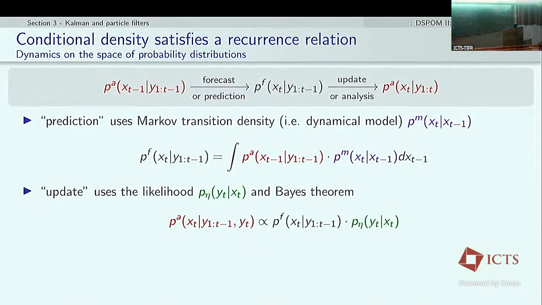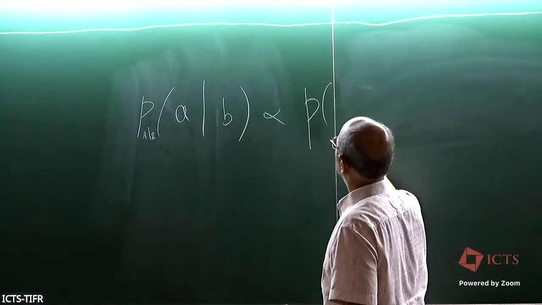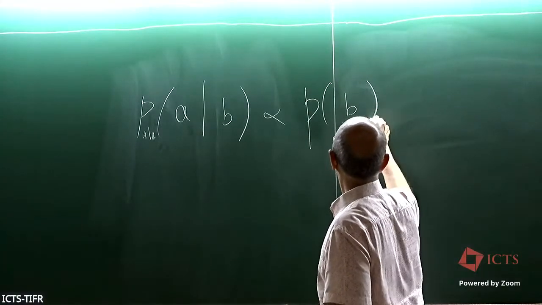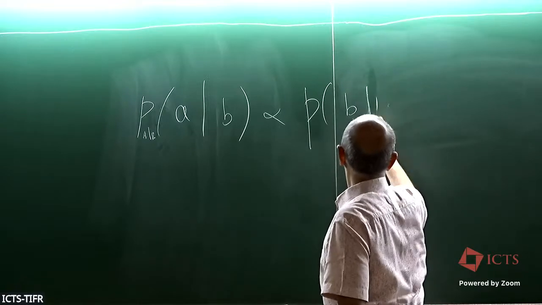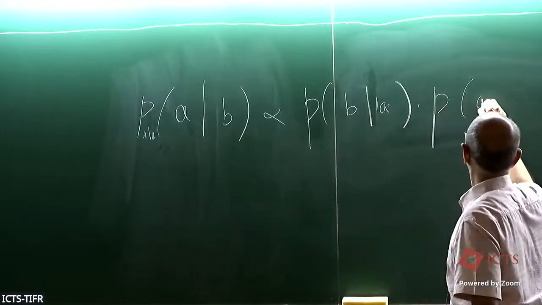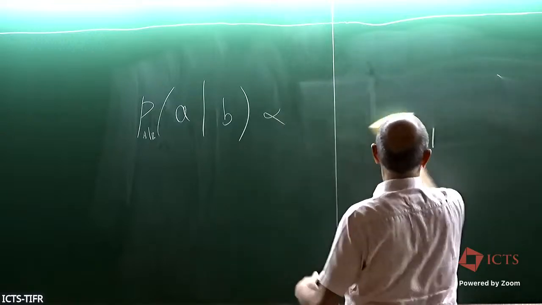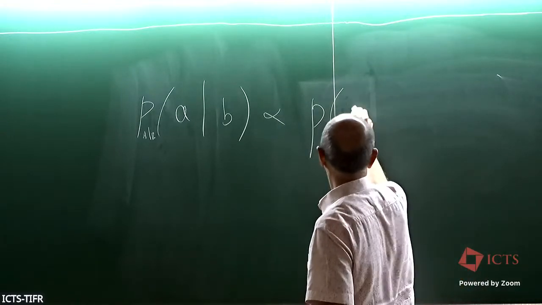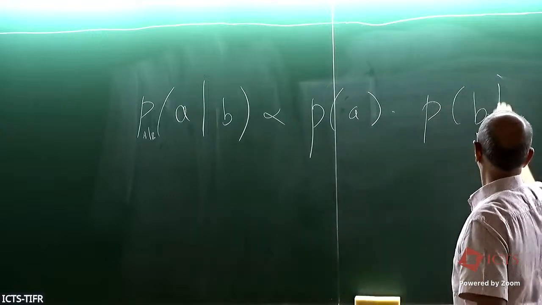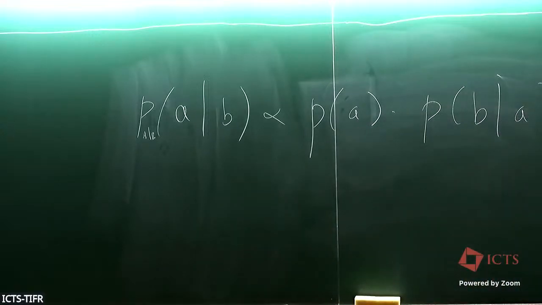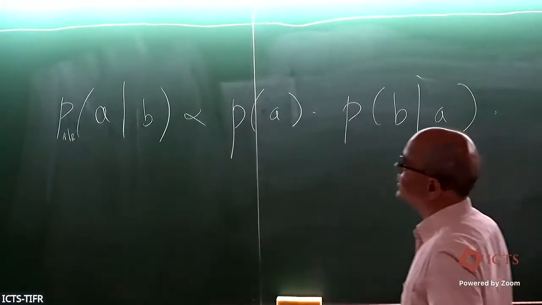The density of a random variable A given B is proportional to B given A times the density of A. Let me change the order, for the following reason.